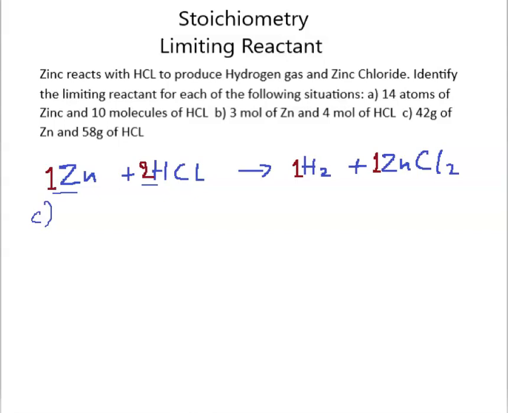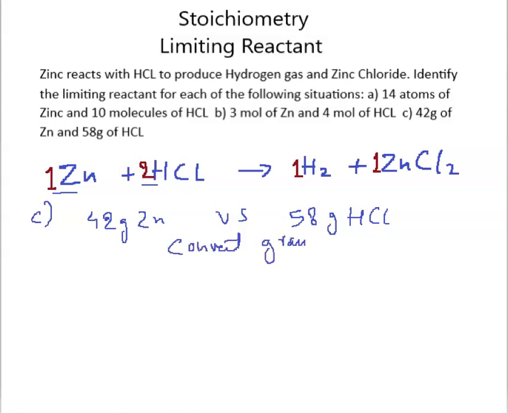So 42 grams of zinc versus 58 grams of HCl. We're gonna convert grams to moles.